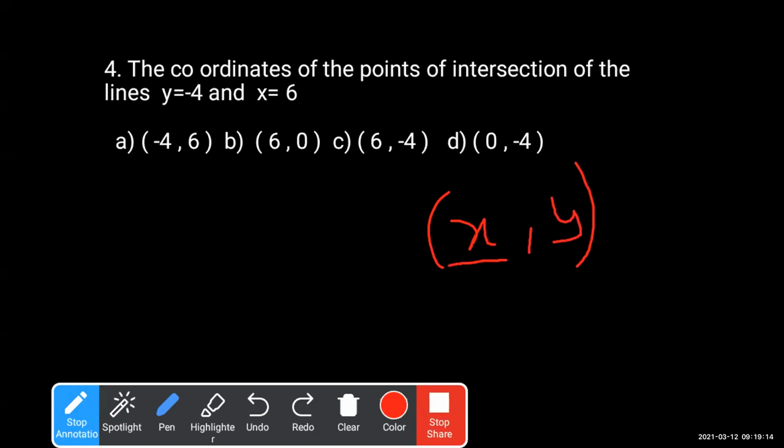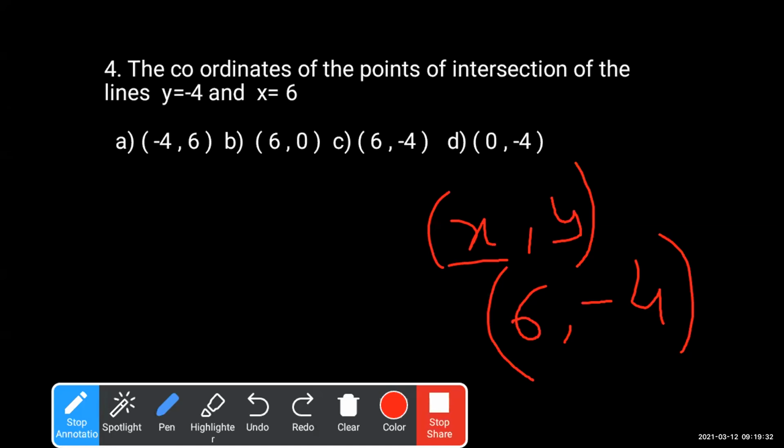So what is the x over here? 6. And what is the y over here? -4. So this is the correct way of writing the coordinate when y is equal to -4 and x is equal to 6.